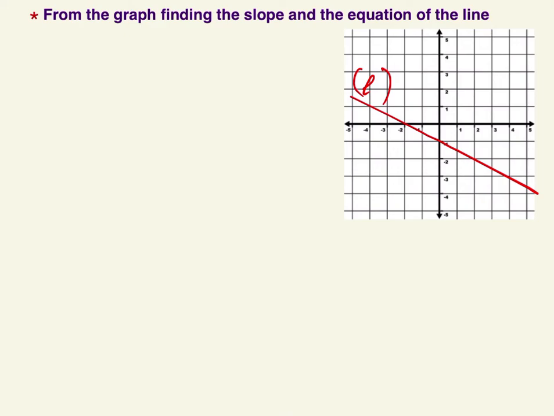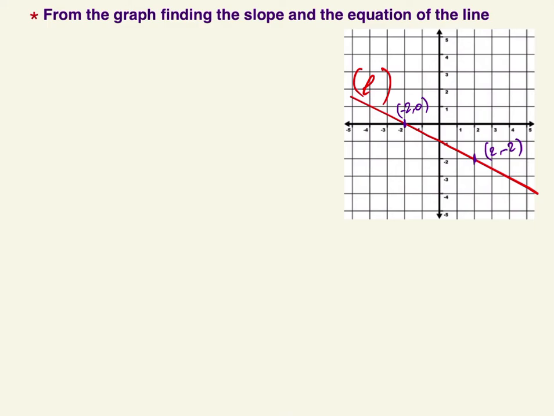Okay, let's write them down. We have this point here, negative 2, 0. And let's take this point, is very simple, is 2, negative 2. So how are we going to find the slope?